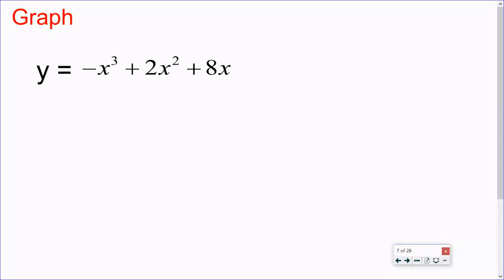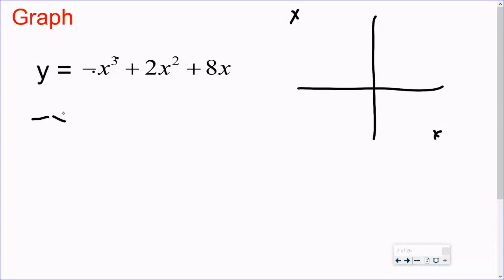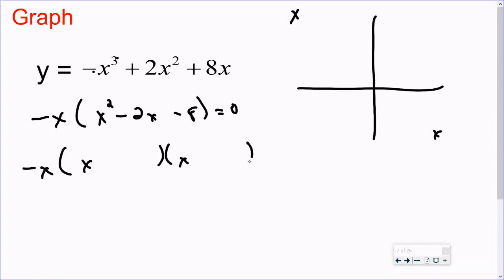Let's try this one. Again. Odd, negative. Should be 3 answers. First thing I notice, there's an x in these. I really want this x squared to be positive, so I'm going to take out an x. This switches all those signs. Now I can factor this. Now, because this is just x squared, it sure makes it easier. I can just factor it like there's no problem.